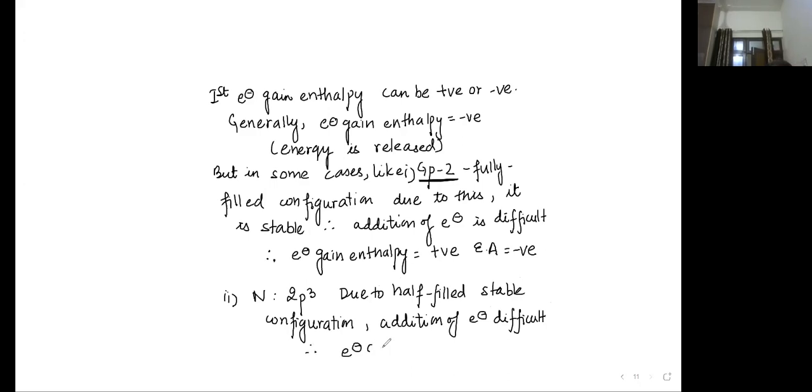Therefore, electron gain enthalpy is positive. We are talking about first electron gain enthalpy. So ionization energy will always be positive, but electron gain enthalpy can be positive, it can be negative. Generally, it is negative only. But in addition of the electron, then you need to provide the heat. Example in case of group 2 and nitrogen.